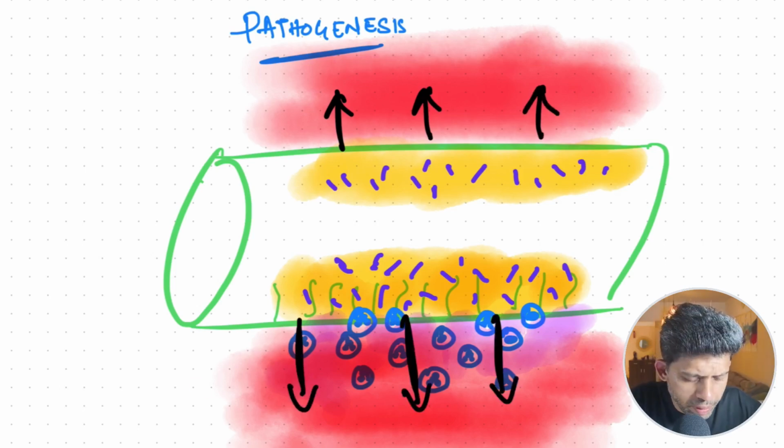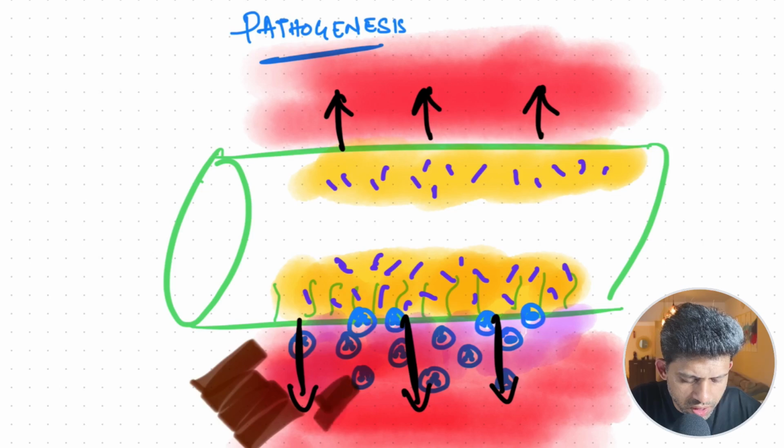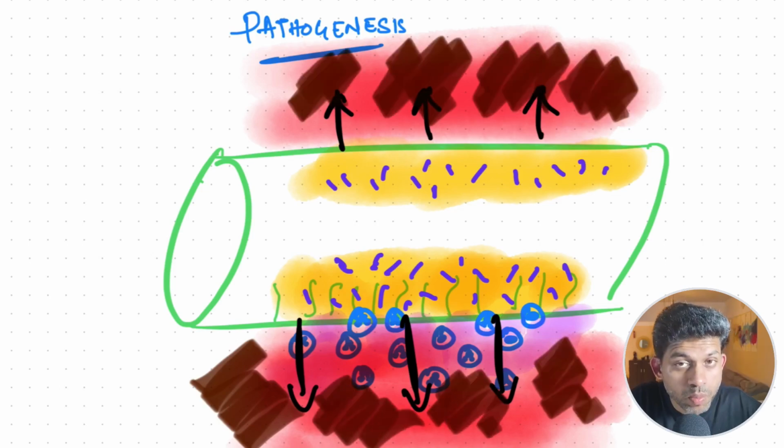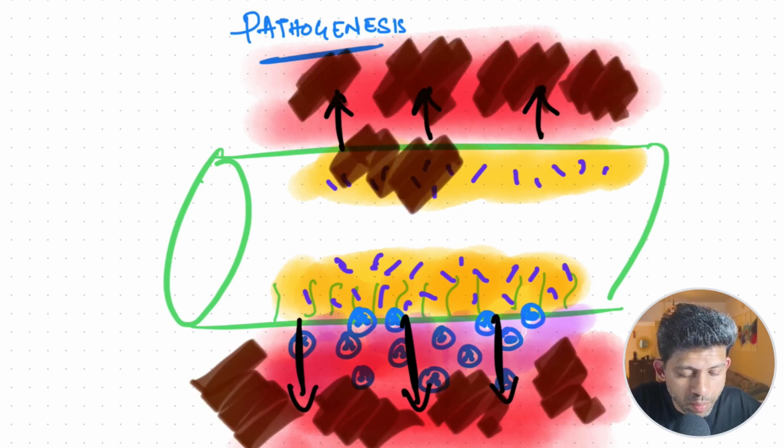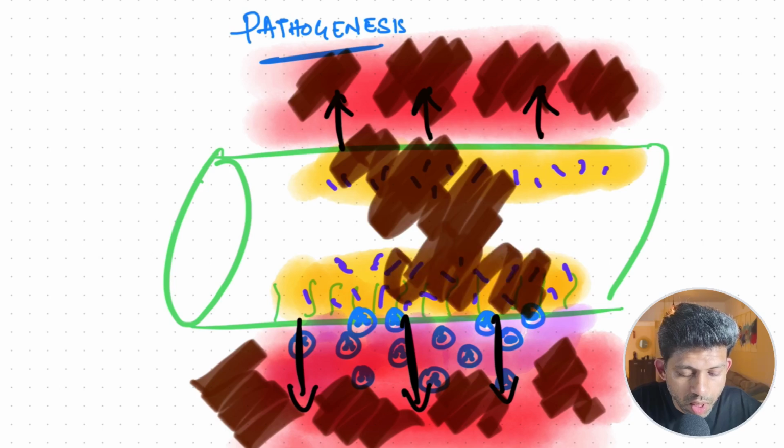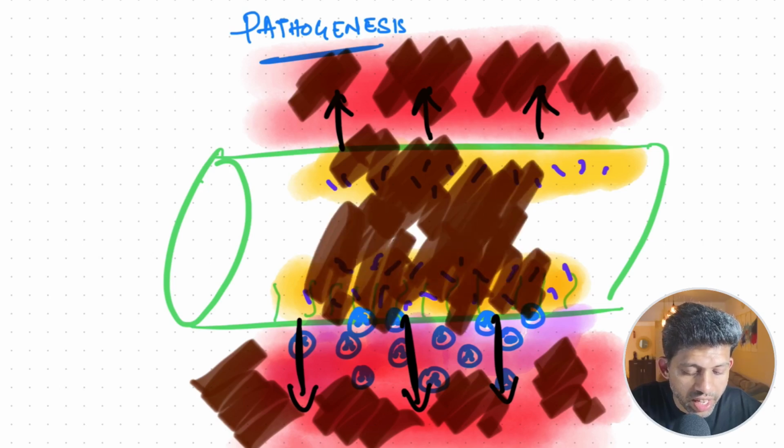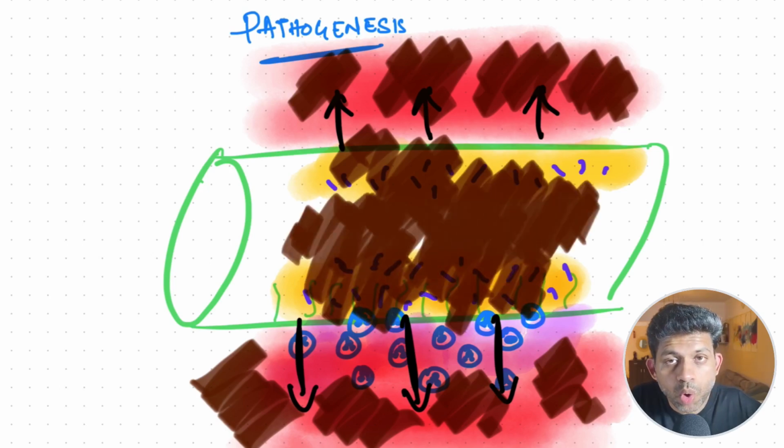Later on, repair occurs via fibrosis. But in small airways, this fibrosis can lead to complete obliteration of the airway, causing bronchiolitis obliterans. Bronchiectasis is basically a destroyed airway which cannot clear itself anymore.